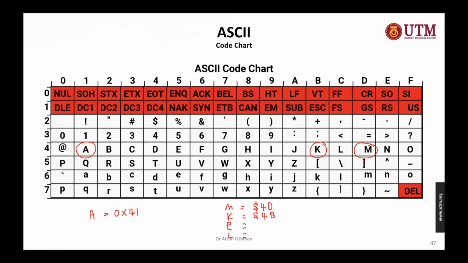Then followed by capital E, which is 45, and L, where is the L? Here, 4C. So when you press MKEL on your keyboard, these numbers will be sent to the processor.